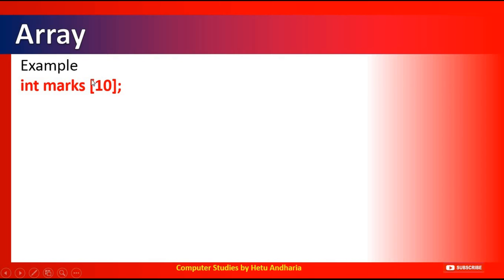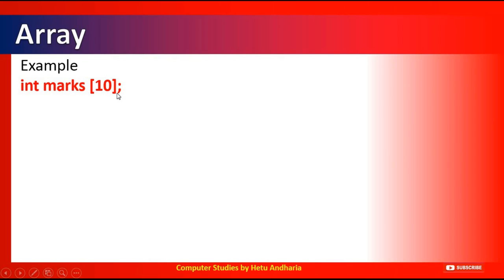Then how many students' marks I want to store? So in the square bracket I will have to mention that number. Okay. There will be no space in between marks and the square bracket. Straight away. Fine. So 10. If I mention here 10, then it will allow me to store the marks of 10 students under the name of a single variable, that is marks.